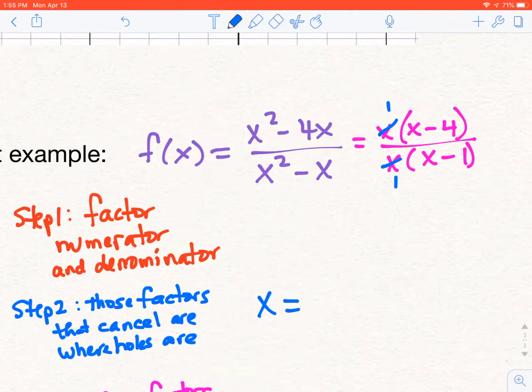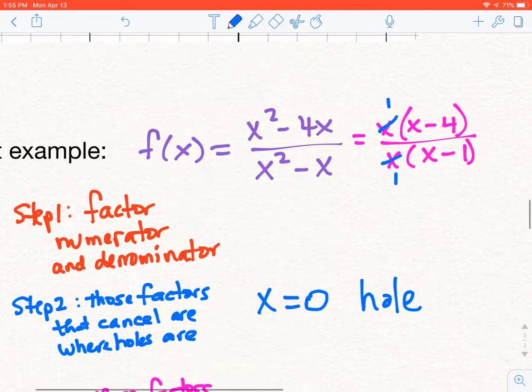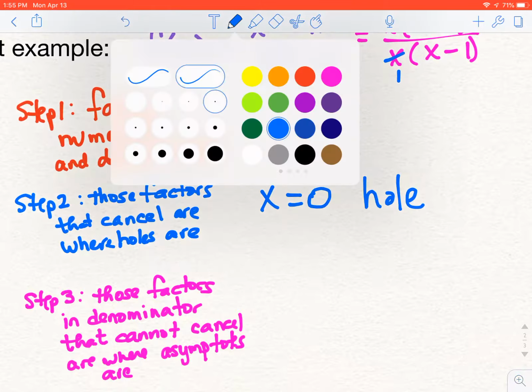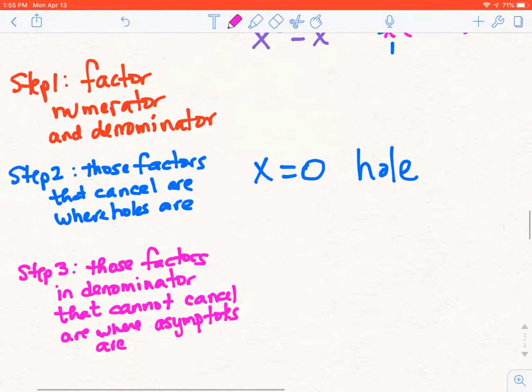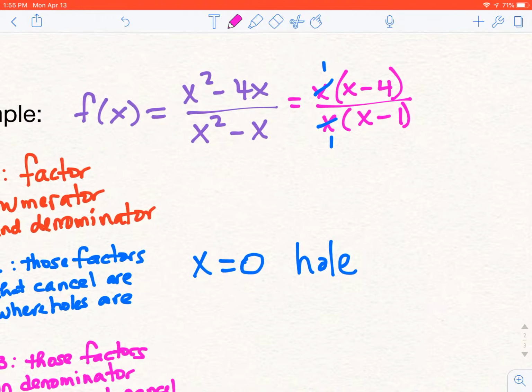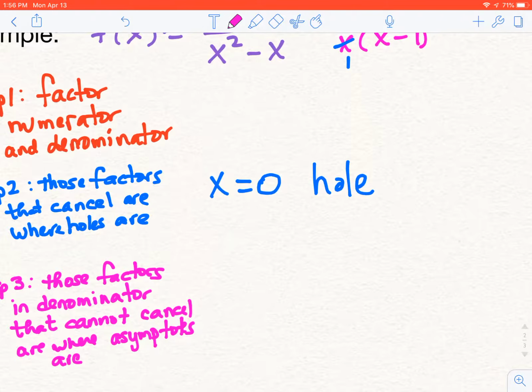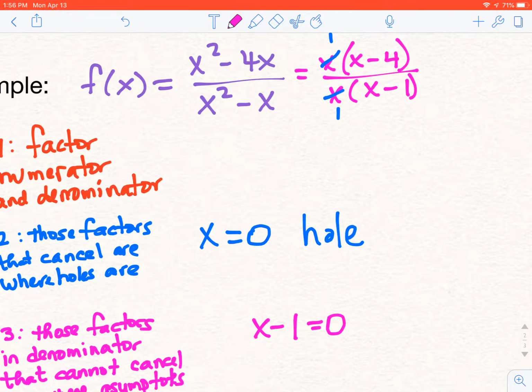So when x equals 0, that's going to be a hole at x equals 0 because the x cancels. So now I will change to pink. So now which ones don't cancel? (x minus 4) over (x minus 1). So that means at x minus 1, which is the denominator, that's where my vertical asymptote is going to be.